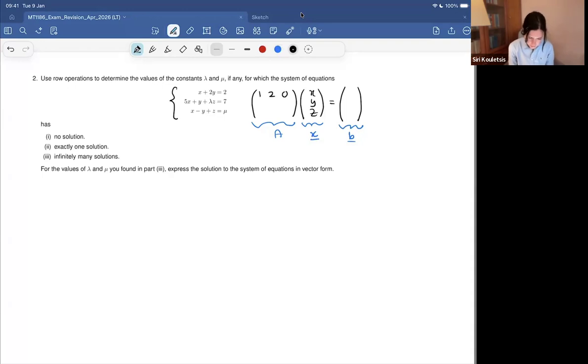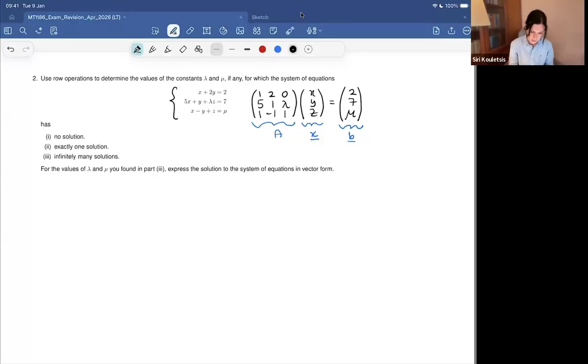Just the coefficients of x, y, and z in the first equation. And then we write down the right-hand side. And similarly for the remaining rows here. Okay, so that's the system in matrix form.